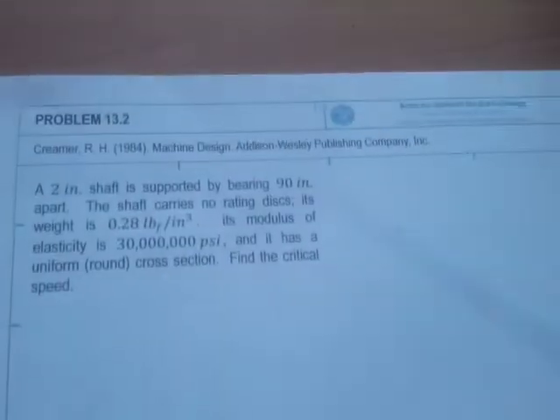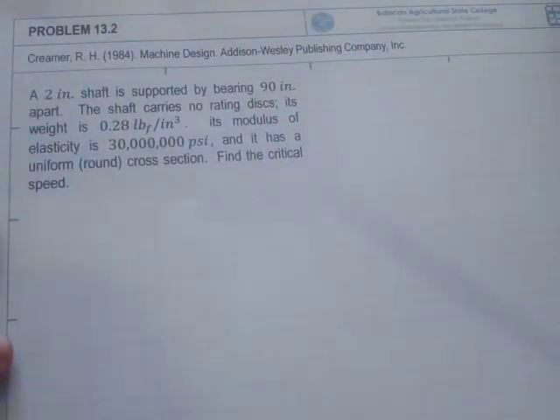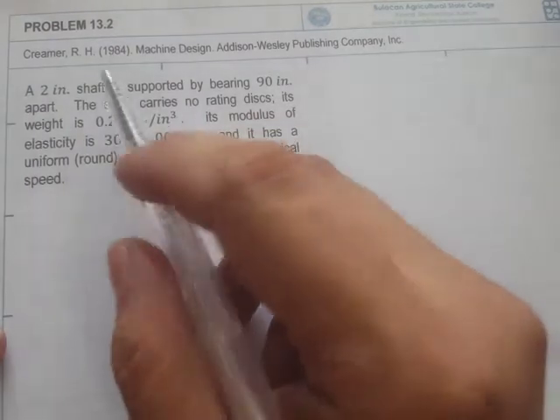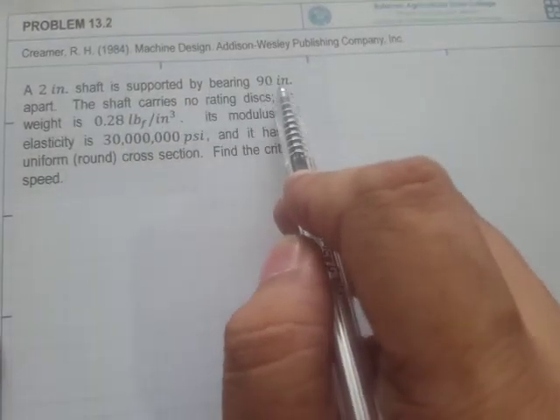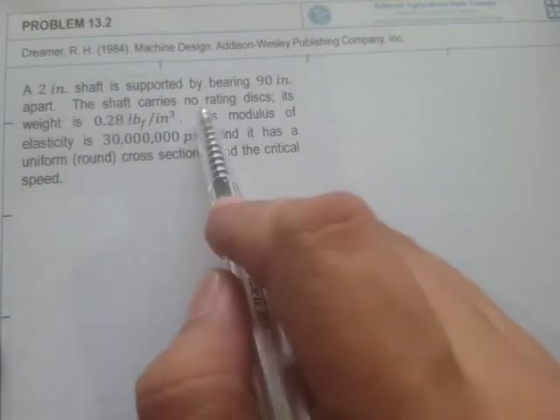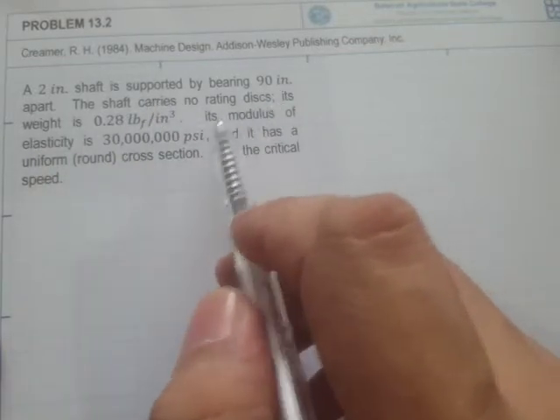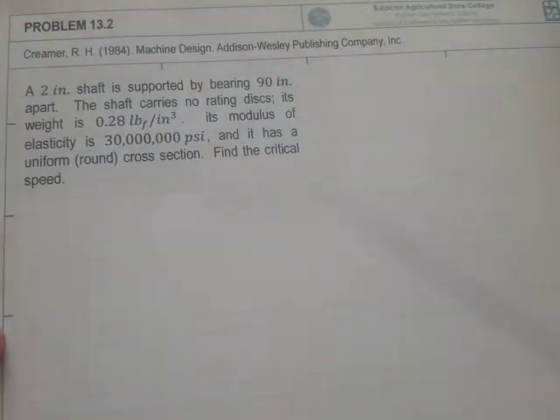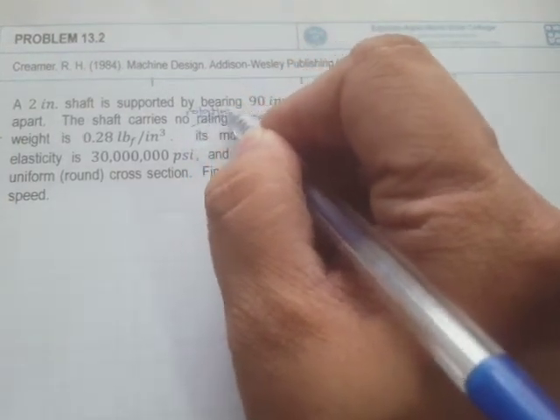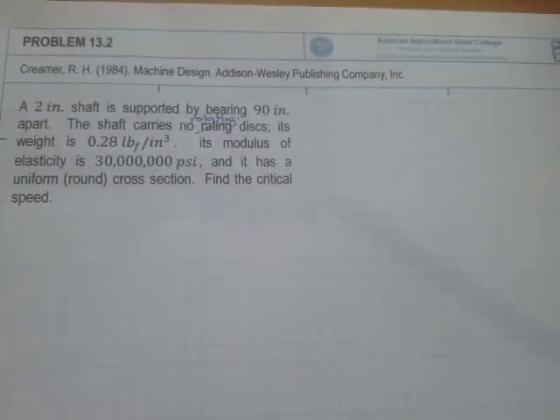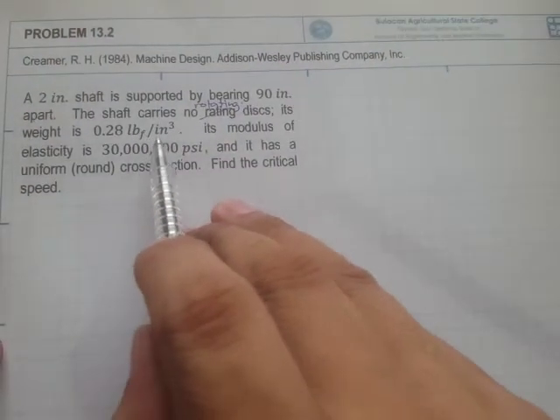And now let's do another sample problem regarding the critical speed. Our next problem says: a 2-inch shaft is supported by bearings which are 90 inches apart. The shaft carries no rotating disc, and its weight is 0.28 pound-force per inch cube.